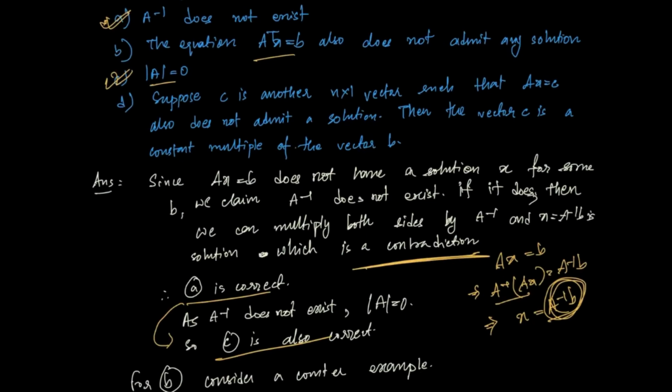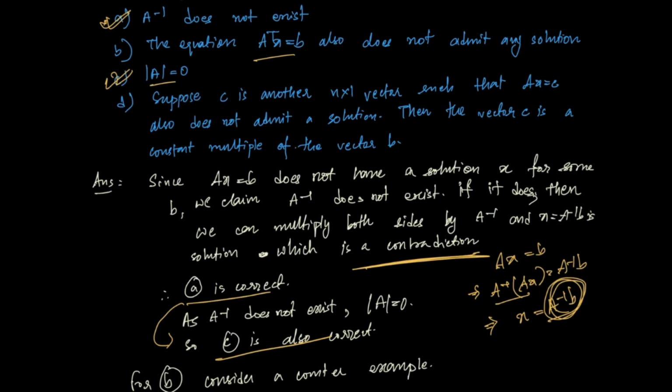Always remember that when you are considering a system of linear equations Ax equal to B, A is kind of like a linear transformation from some vector space to another vector space. Those who are not familiar with linear transformations, think of it as a function from a set of vectors to another set of vectors.